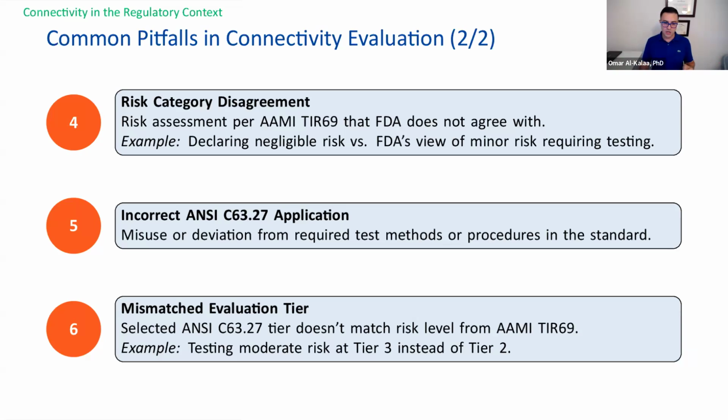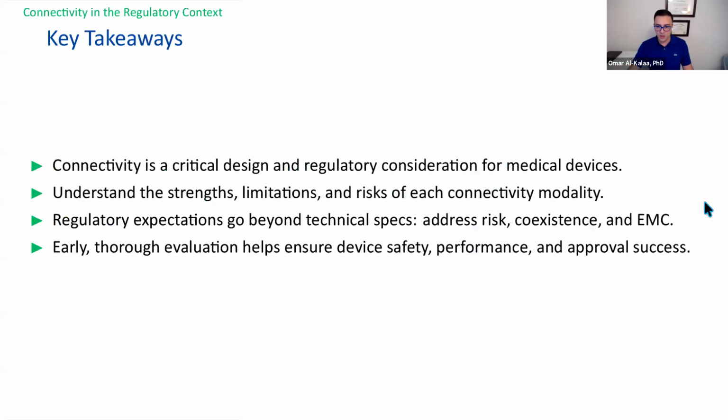It is often the case where a major risk device is tested according to tier 3, which is appropriate for minor risk. And that is obviously not a good thing. So FDA pays attention to those topics, and they are part of the information that is requested in eStar. So please do yourself a favor and double check that the evaluation tier used for your wireless coexistence testing matches the risk determination that you found in AMETIR 69.